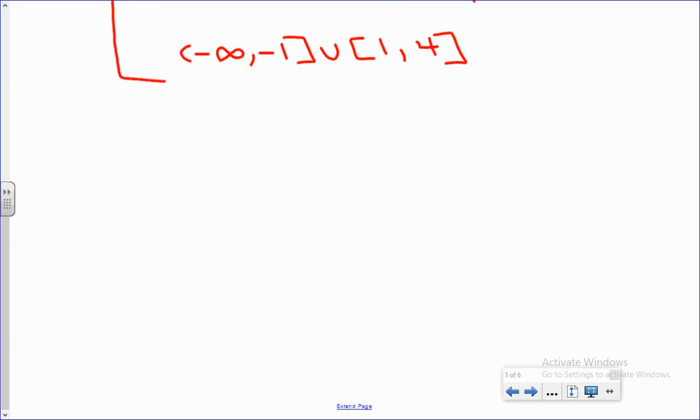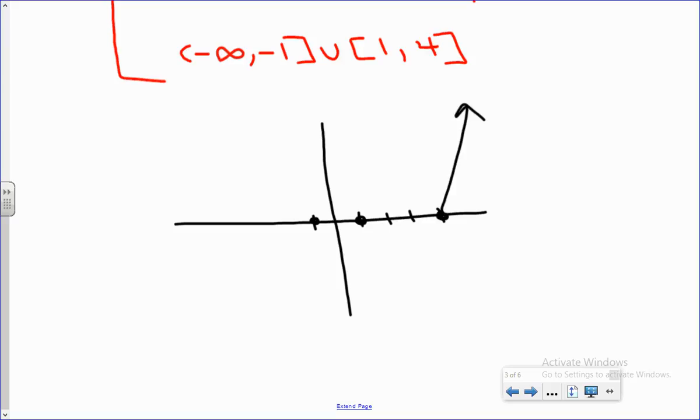Let's talk about how this relates to the graph. Our zeros were -1, 1, and 4. Since the leading coefficient is positive, we know that the right will rise. Since it's an odd degree function, we know that the left will fall.